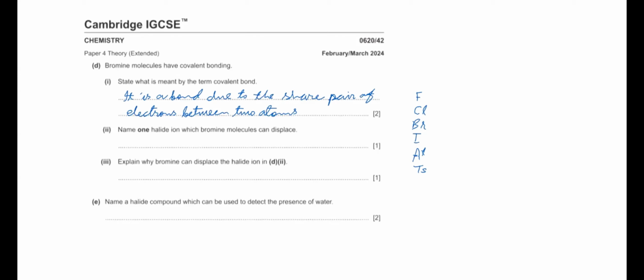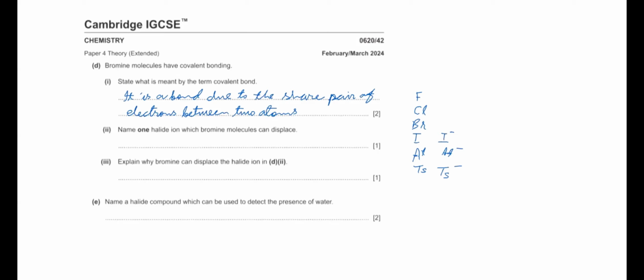So iodide, astatide, and tennesside, all these ions can be oxidized. Bromine can displace these ions from the solution.